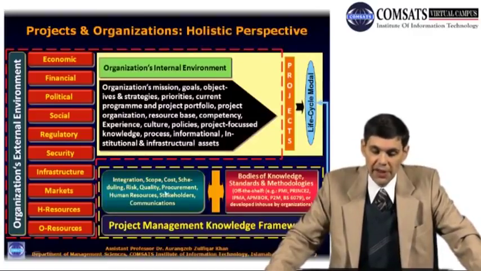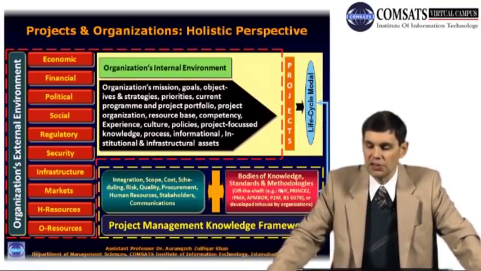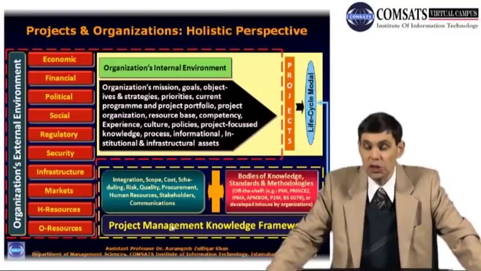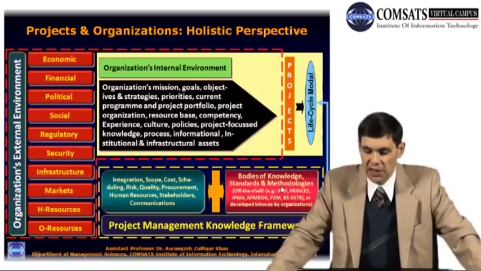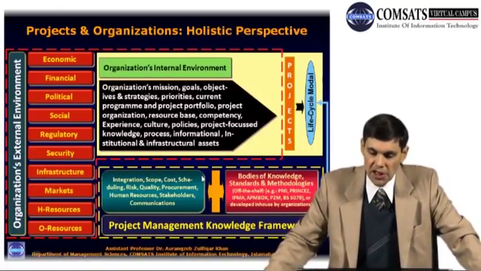To one extent or the other, all of them find some reference in these bodies of knowledge, standards and methodologies to which projects refer. So whatever project it is, there is always some reference to stakeholders through these bodies of knowledge, standards and methodologies. This is the project level.